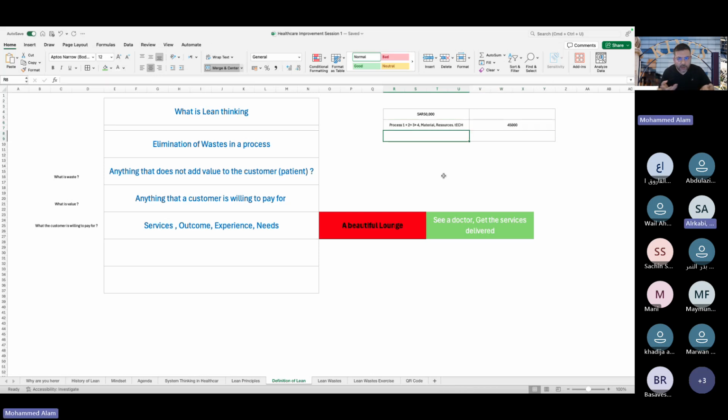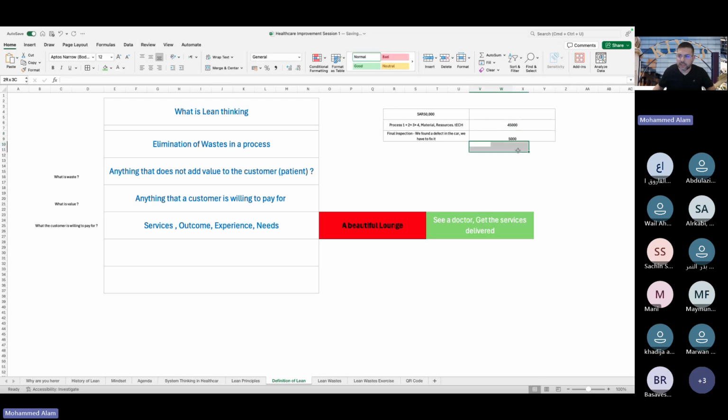And then what happened is that when the final inspection was happening, we found a defect in the car, and we had to fix it. And it cost us 5,000 Riyal extra.